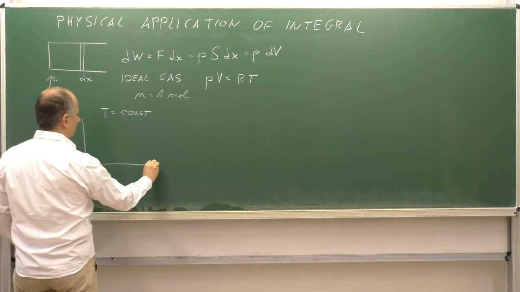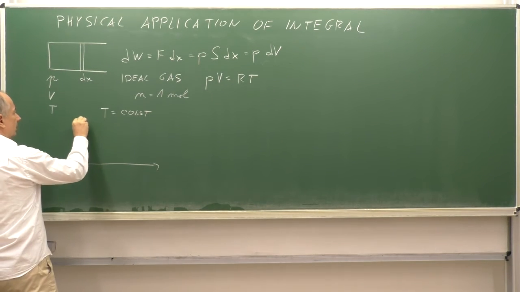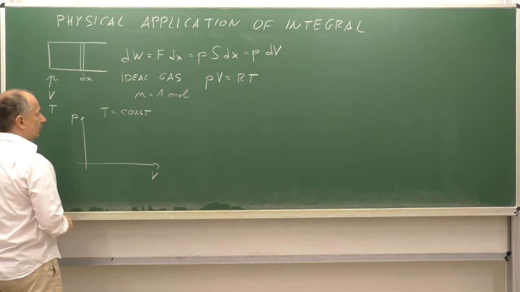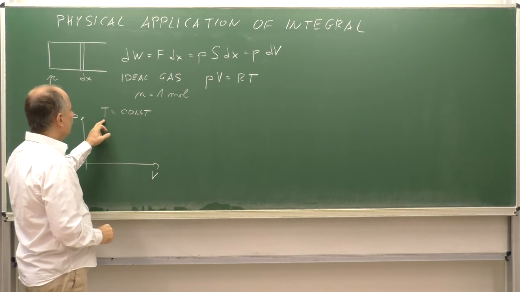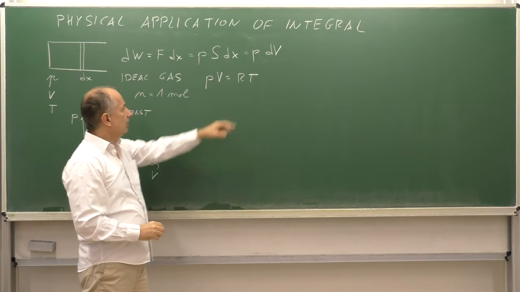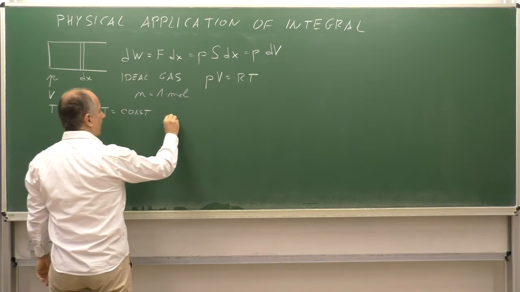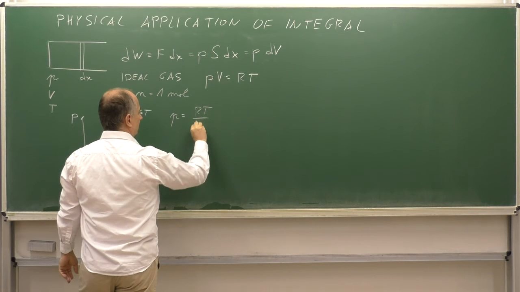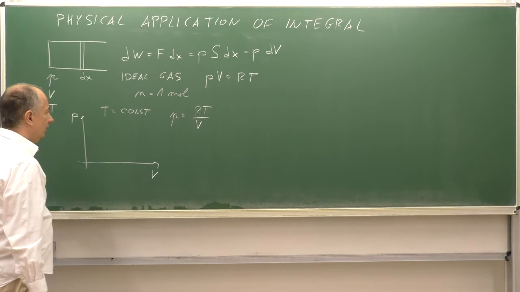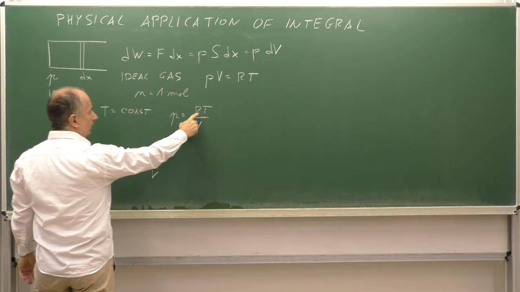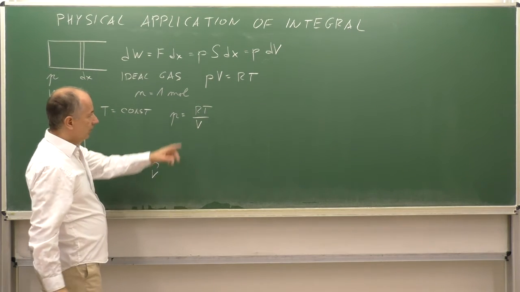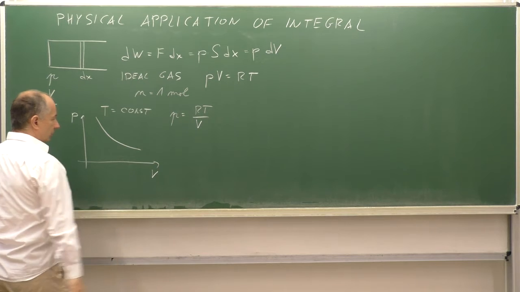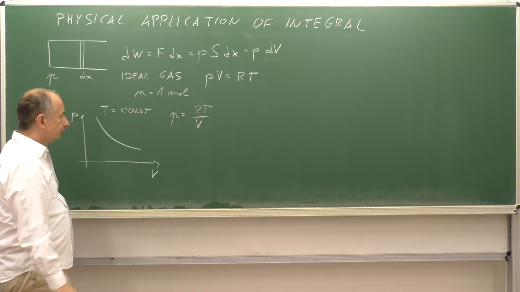We can think of P as a function of volume V, and when T is constant, then from this equation we see that the pressure P is RT divided by the volume V. So up to some multiplicative positive constant, this is like 1 over x. So the graph is a hyperbola.